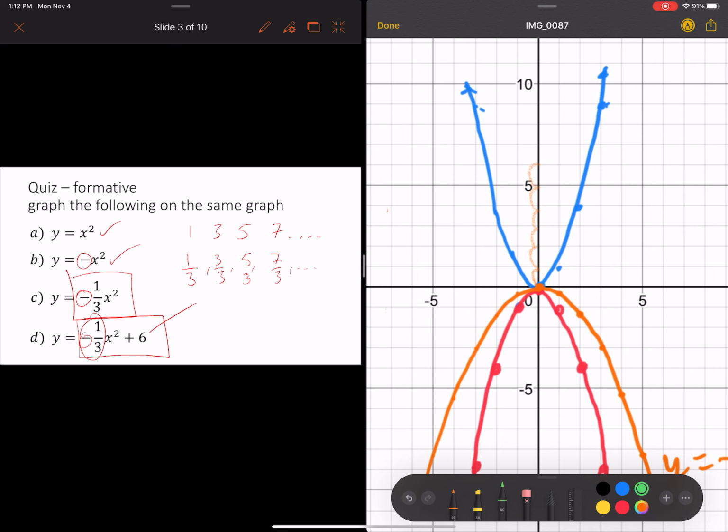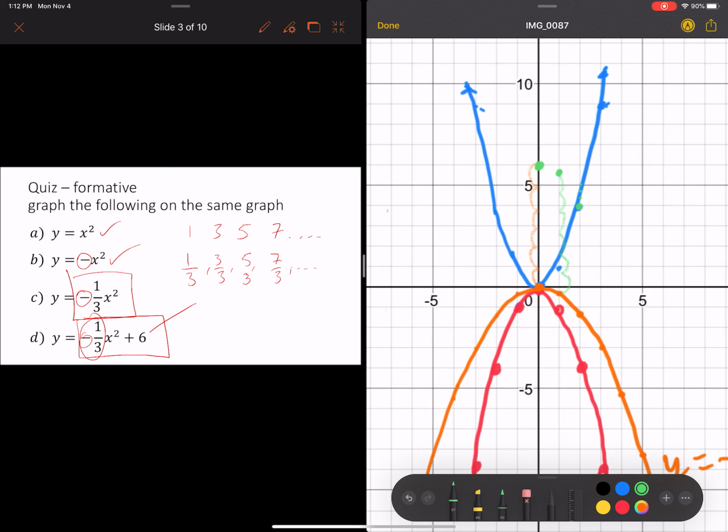Actually, let's use green. This point is going to shift up. We could either shift up each point 6 units, or 1, 2, 3, 4, 5, 6. Or we could just use our step pattern like we did before, because it's the same step pattern. It's 1/3, 3/3, 5/3. So my next point would be 1, 2, 3, 4, 5, would be right there.